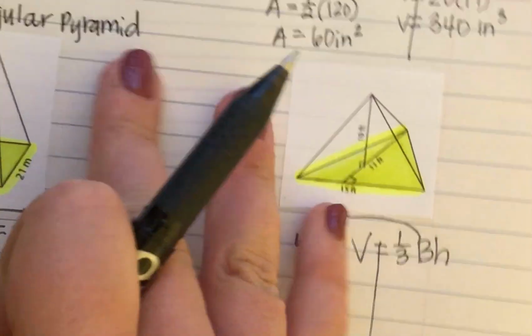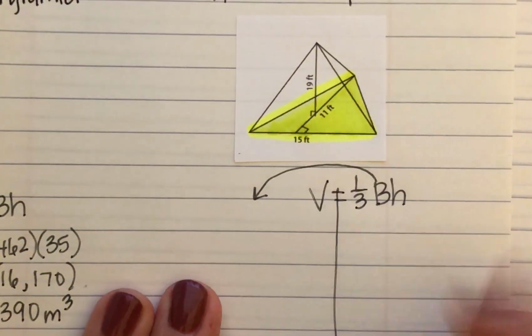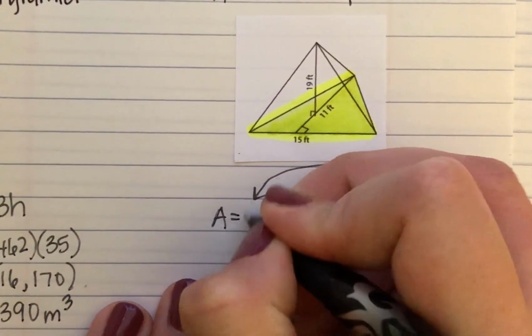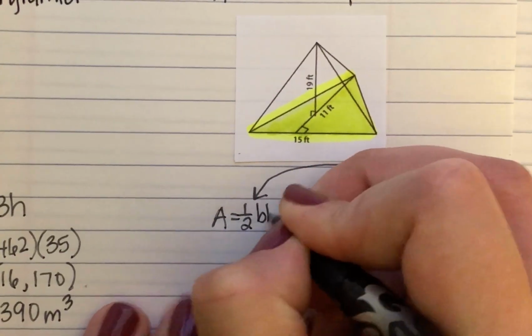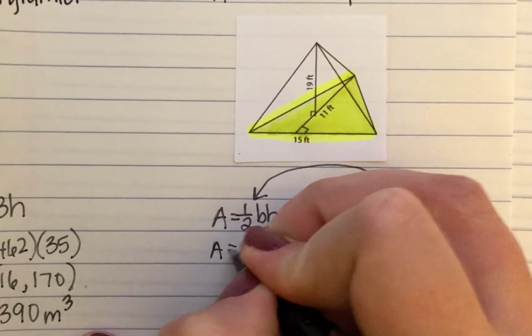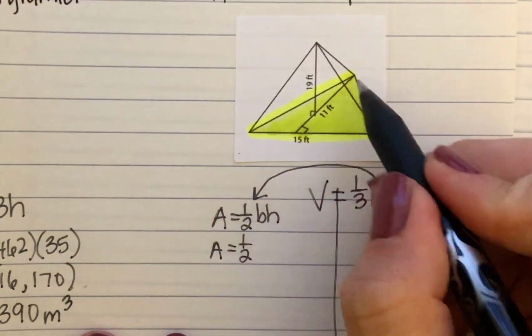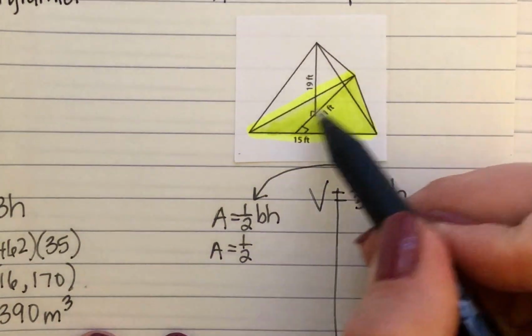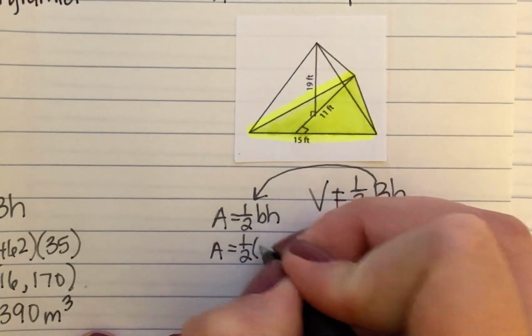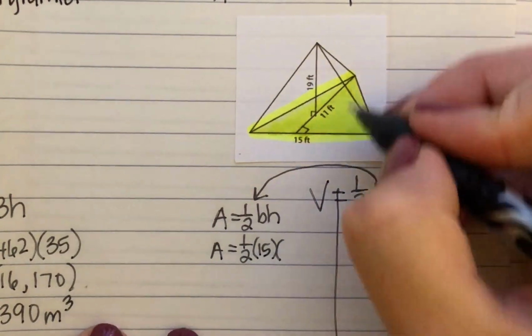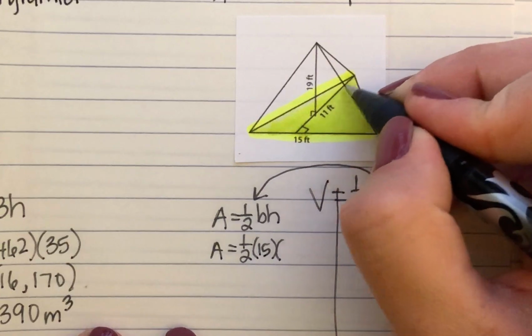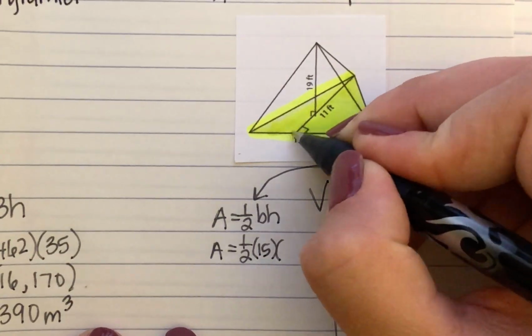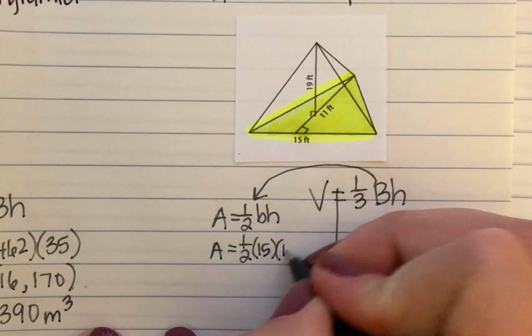This one, we are doing the area of a triangle, so we need to make sure we're using the triangle formula here as we find the area of the base. The base of this triangle, if all we can see is this yellow triangle, that base is 15. And the height of that yellow triangle is 11.